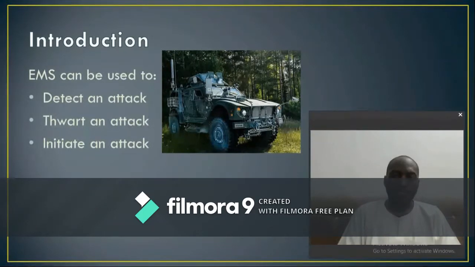Hence, there is a need to be well prepared for potential attacks using the electromagnetic spectrum. Having superior electromagnetic spectrum capability can be an advantage, but that might not necessarily be the best preparation.